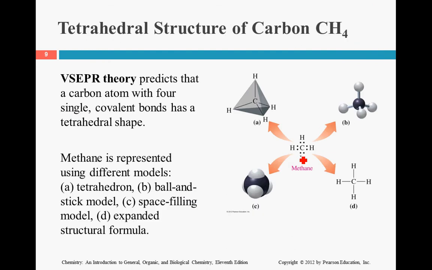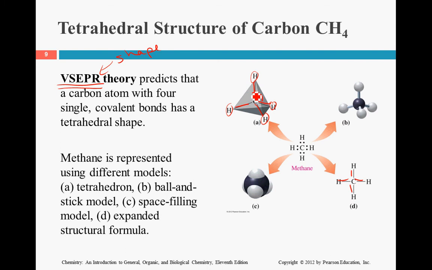Now, if we're looking at the shape of the compound, VSEPR is referring to the shape. Once again, this should be a review from your last class. So, carbon has 4 lines here. If we spread it out in 3D, these hydrogens are going to get as far away from each other as physically possible.